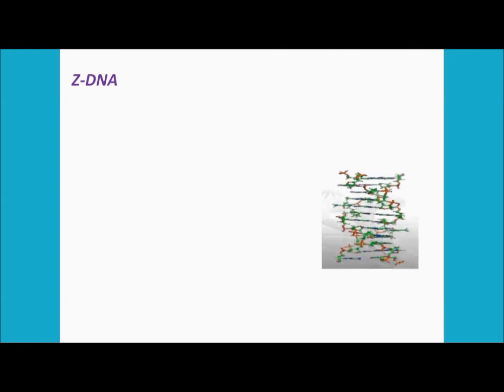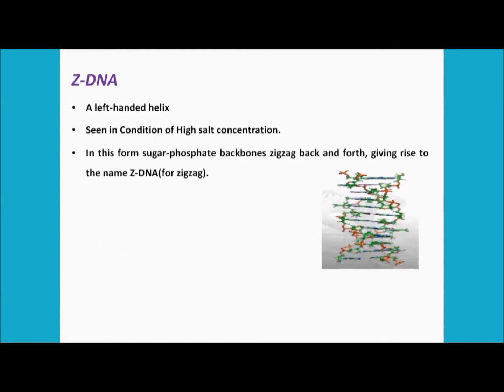Now the Z DNA. This is the next part. Here also, it is a left-handed helix. It is seen in conditions of high salt concentration. When DNA is subjected to high salt concentration, you will get the Z form of the DNA, right?